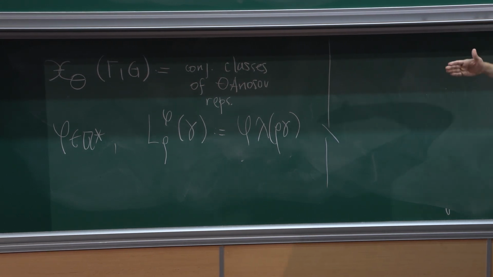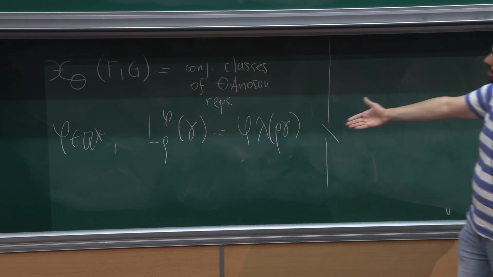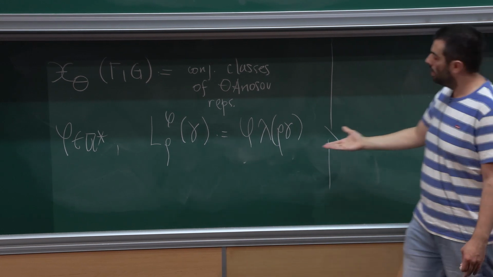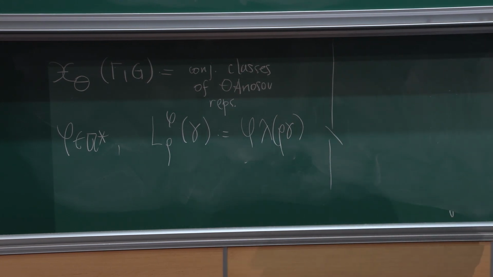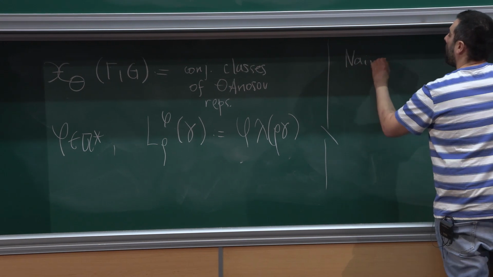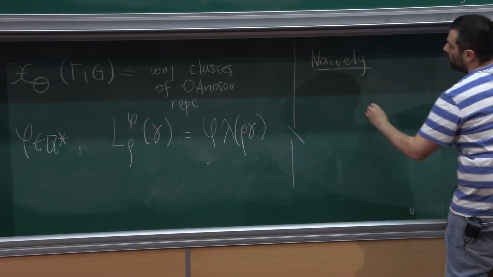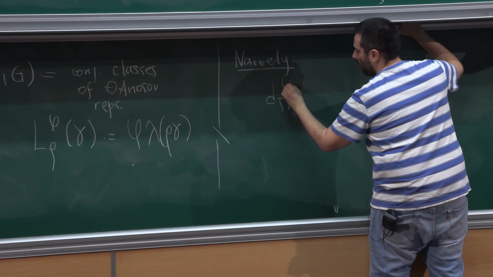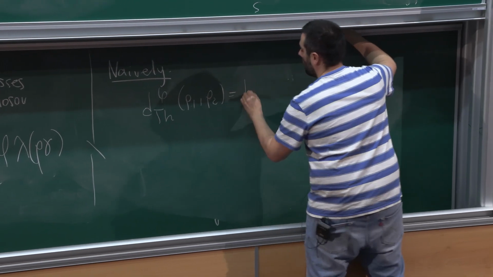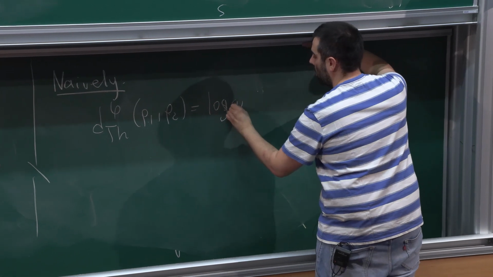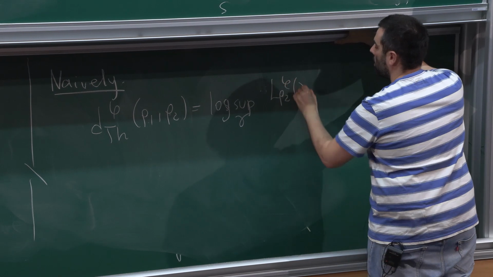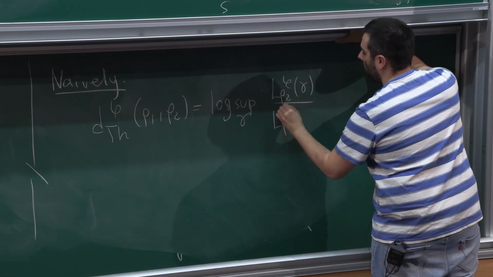But before going to that, let me just mention that, given this, I could just say, okay, why don't I just define the metric to be the sup of these numbers for two given representations? So naively, we could define d_theta phi of rho 1, rho 2 to be the log of the sup over gamma of L rho 2 phi of gamma over L rho 1 phi of gamma.